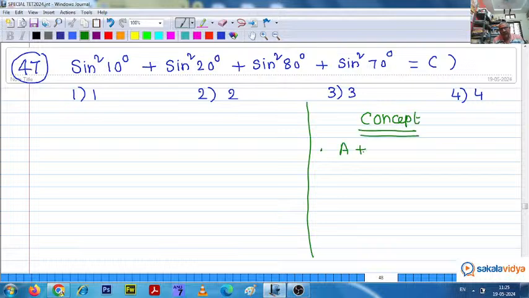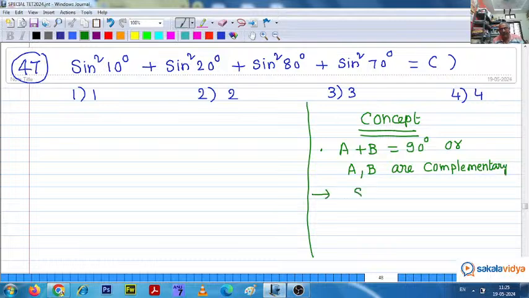If A plus B is equal to 90 degrees, or A, B are complementary, so that implies sine square A plus sine square B is equal to 1. Not only for sine square, even for cos you can write cos square A plus cos square B is also 1.